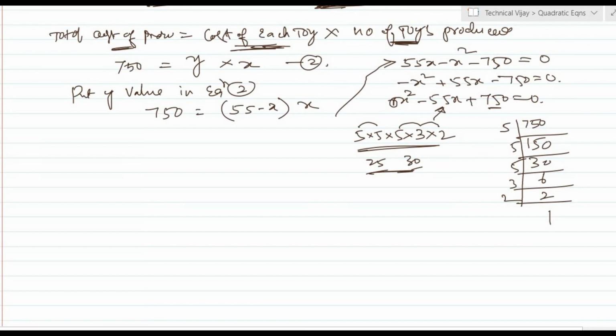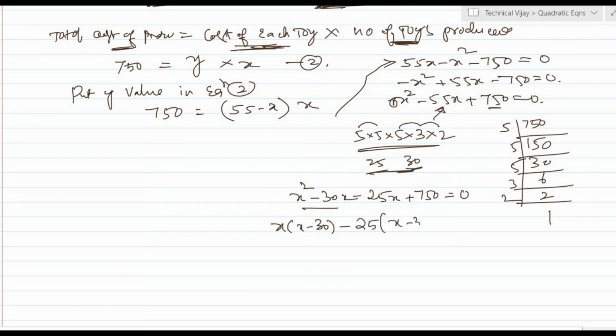So we will use these factors. Here x square minus 30x. Why have we written minus 30x? Because we have a minus 55, so both minus we have to use. Minus 25x plus 750 equal to 0. Now we take common x into (x minus 30) and minus 25 into (x minus 30).